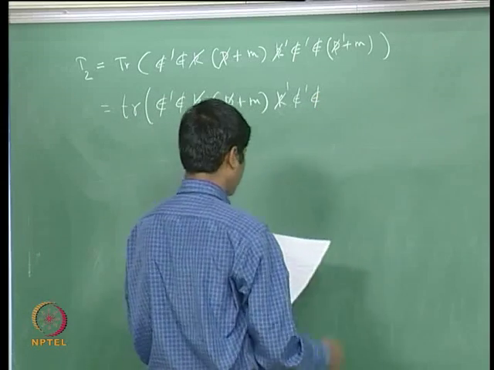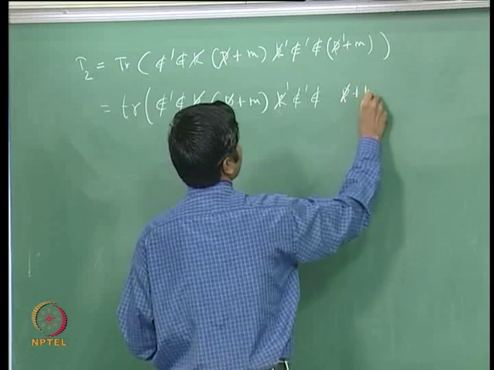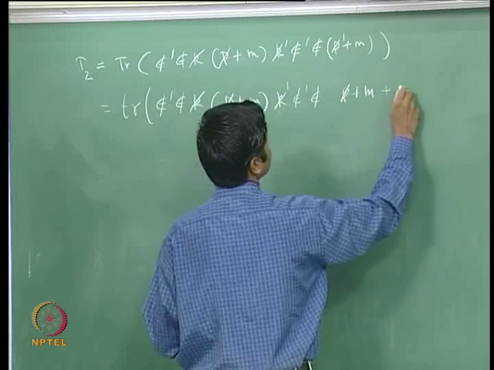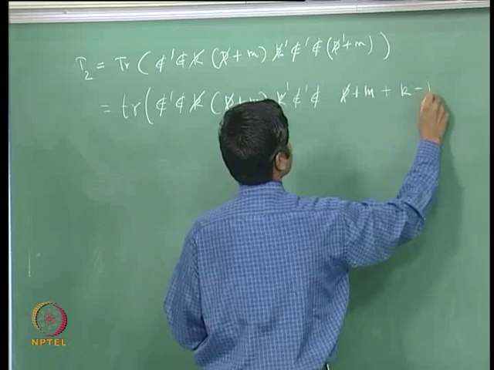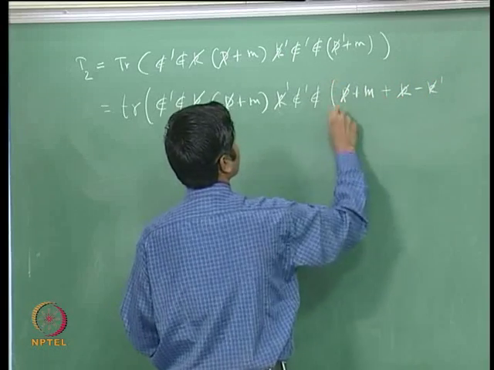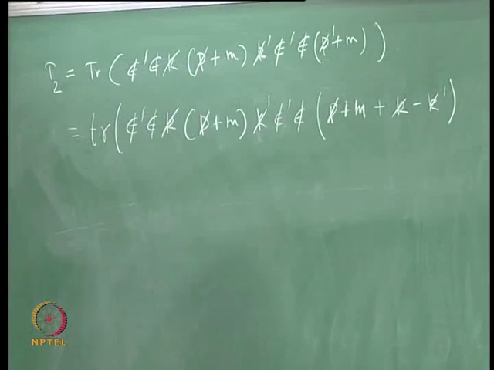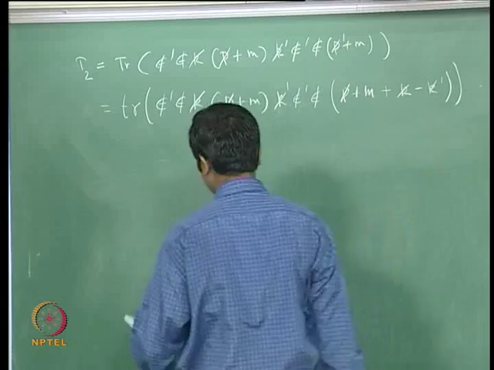This quantity is just P slash plus M plus K minus K prime slash. All right. So, the trace of this thing.